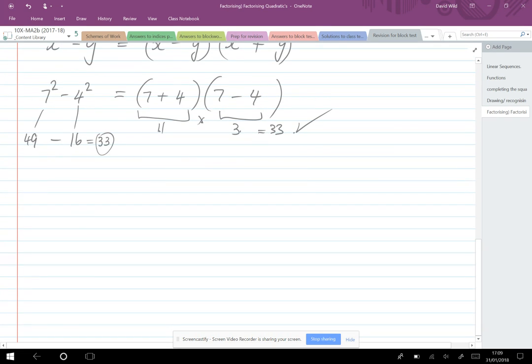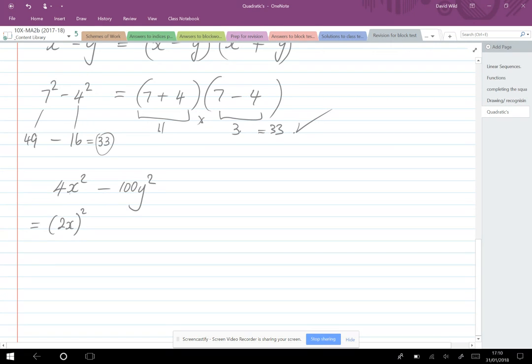Let's try something harder now. Let's try something that you might not recognize quite to be the difference of two squares. If we first of all notice that 4x squared is actually the square of 2x.